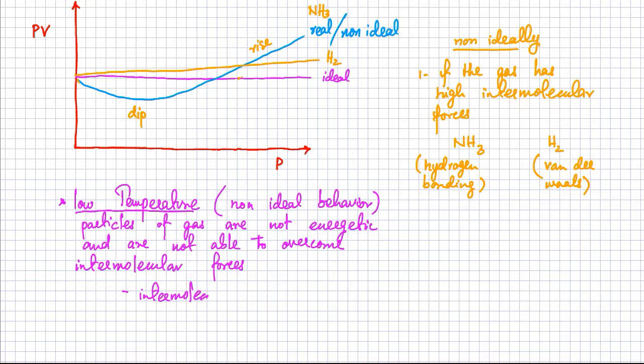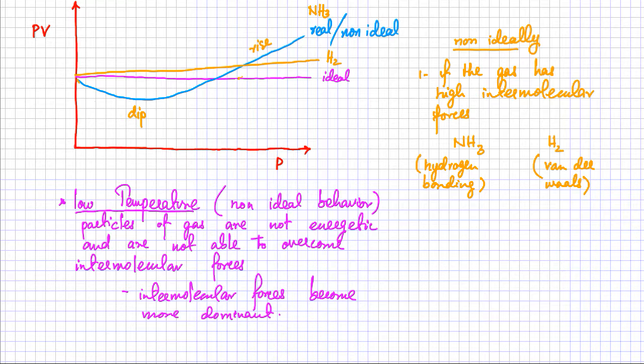So either the gas has a lot of intermolecular forces, or it's at very low temperature and the intermolecular forces become more dominant, and the gas would start behaving non-ideally.